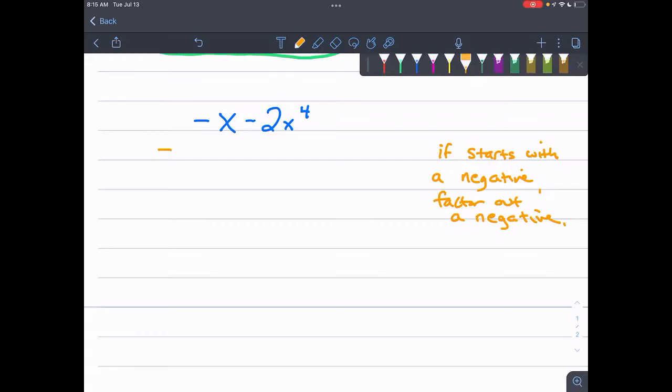Number wise, nothing you can take out, but we can take an x out of both of those terms. Can we take out x squared? No, not enough x's there to take out x squared. So x is the only thing that we can take out.